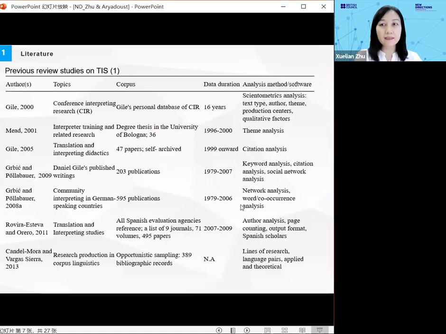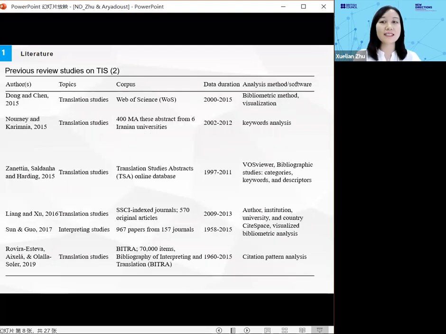Researchers thus began to review TS with different methods. Here is a summary of these studies in the 21st century, and these scholars really made rigorous studies employing various analysis methods and covered different time spans.